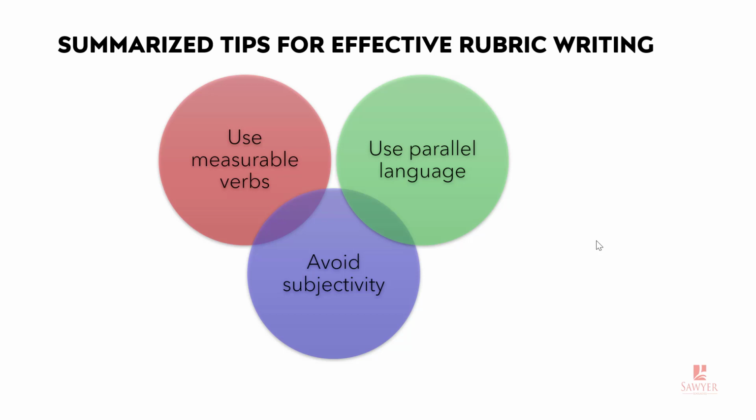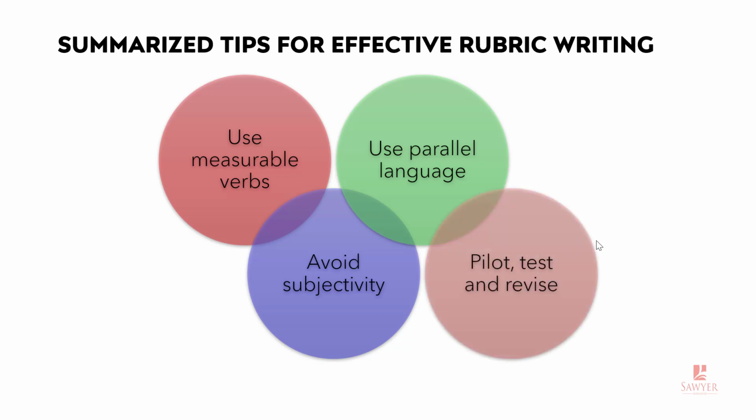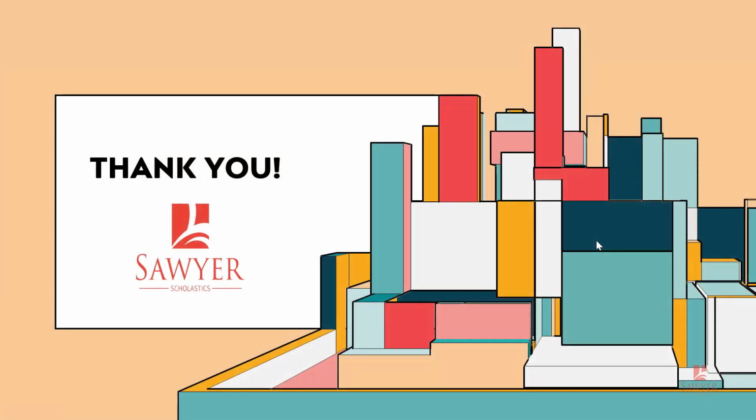In other words, use language that's similar in level. Don't make one criterion or descriptor really complicated language, then another one really simple language. Make sure that the language is all fairly equal. And then make sure that you pilot, test, and revise your rubrics. Nothing is perfect at the beginning, at least that I'm aware of.